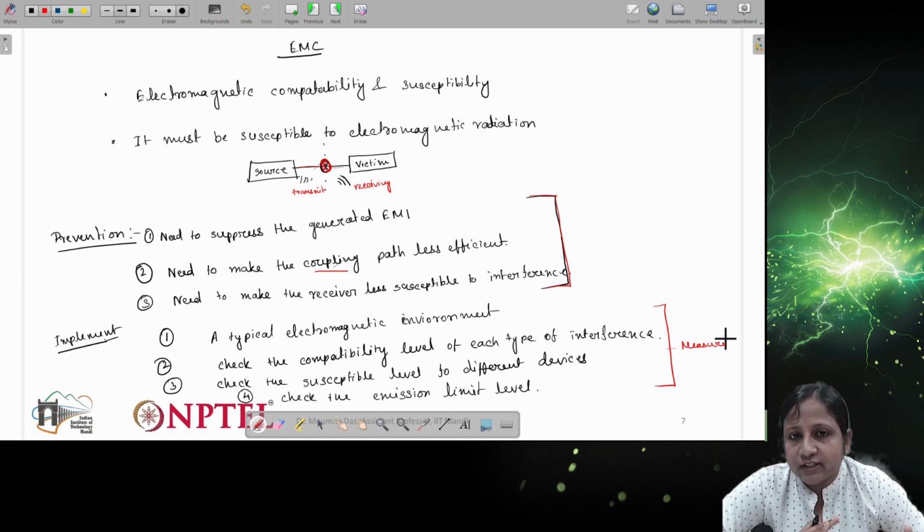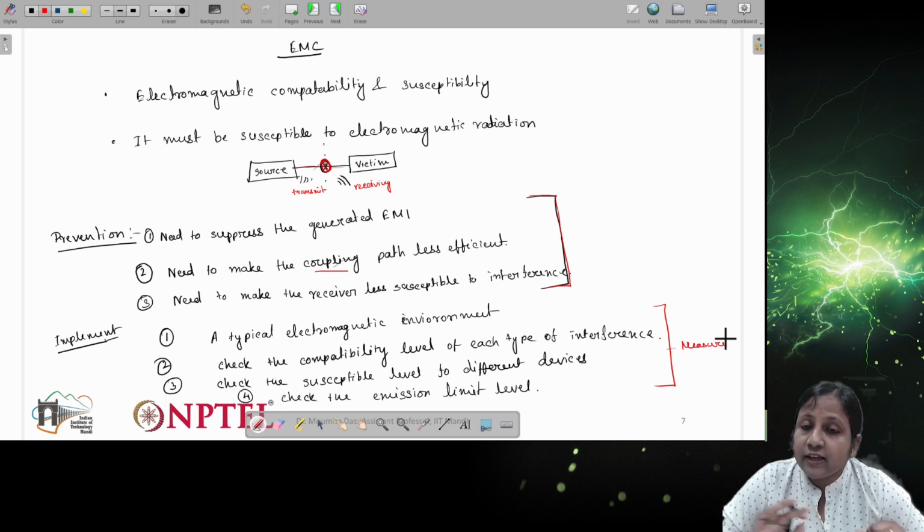Once we check that, then we can decide whether we need to provide a filter, or whether the noise present in the system is okay for the device to operate properly. If we need a filter, then we go for designing the filter.